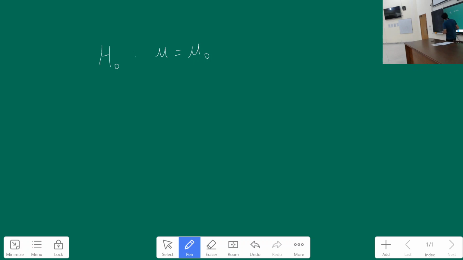Then the null hypothesis could be that, or it could be something else also. One of the possibilities is to say, no, it's not mu naught. Or you could say one hypothesis is that mu is equal to mu1, where mu naught is not equal to mu1. So you could be specific or you could be non-specific. That's fine.